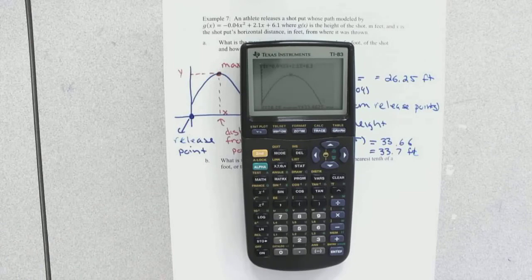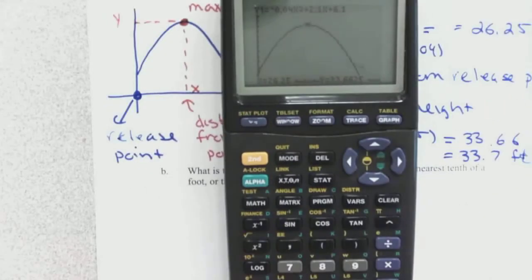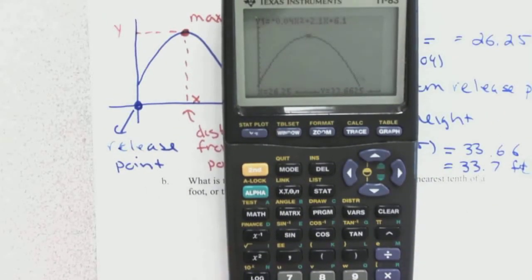And then enter, and indeed it does go to the vertex, and so we are right. And if we zoom in a little bit, there we can see it a little better. It confirms my y-coordinate too, 33.66, which they said to the nearest tenth, so 33.7. So it absolutely does check. And that's where we'll end this video, and then we'll finish up this problem in the next one.